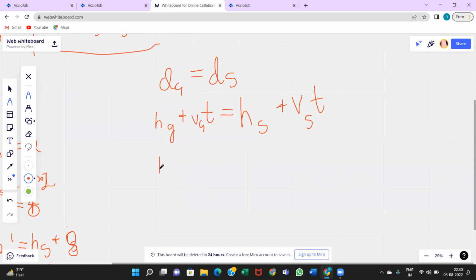So now it will become height of Jian minus height of Sunyu, divided by velocity of the big light of Sunyu minus velocity of big light of Jian, equals t. Is this part making sense to you all?